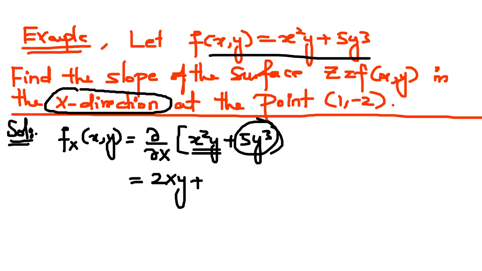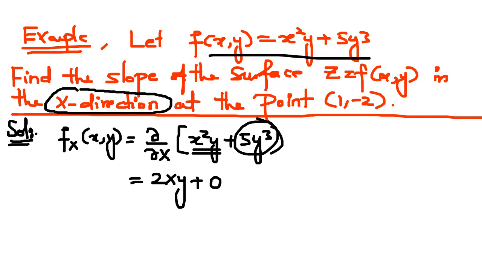No, with respect to x, Hamza. This is the partial derivative with respect to x. Is there any x in this term, 5y power 3? So the derivative is 0.